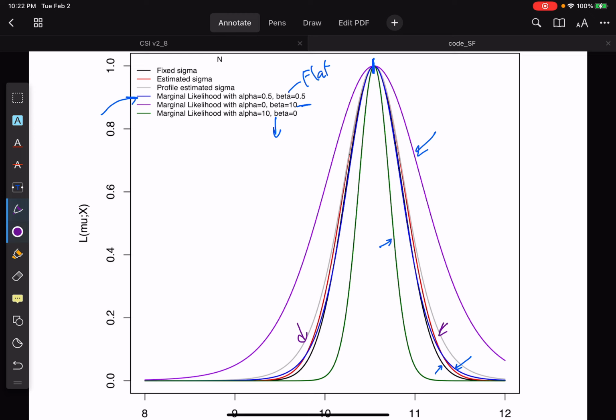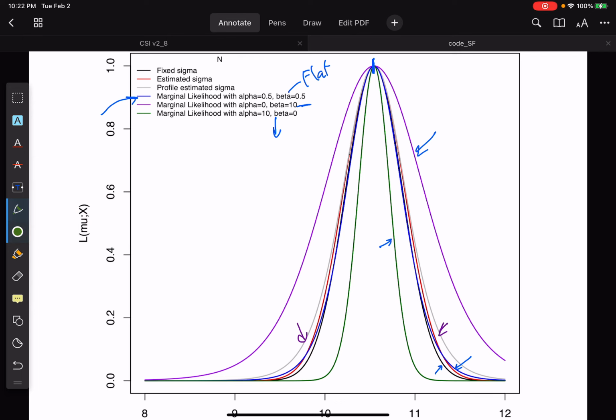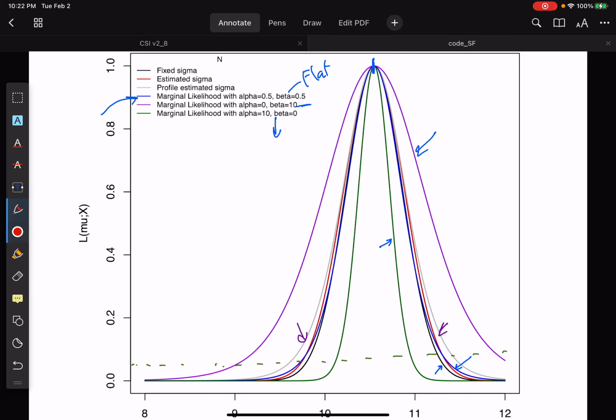And so all these approaches, if you wanted to come up with, say, a confidence interval, you would probably do something like this across the way. And the intervals that you get now are going to be very different. So this is your green interval in here.